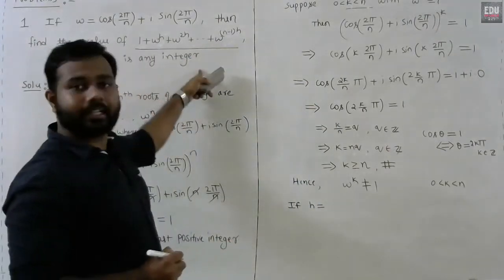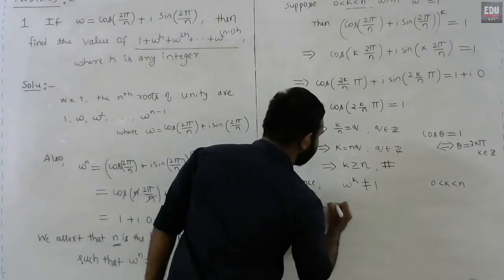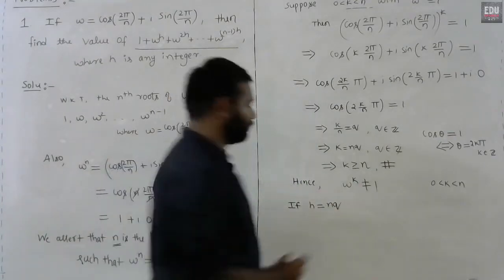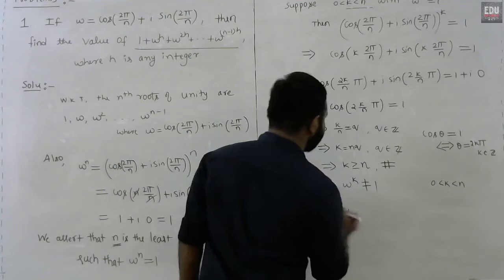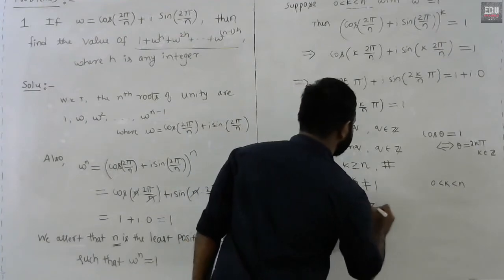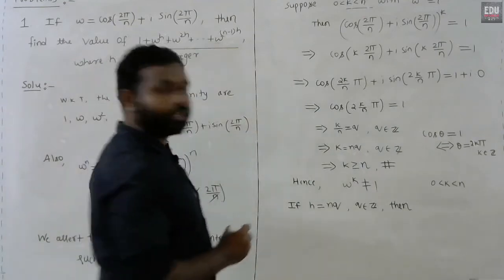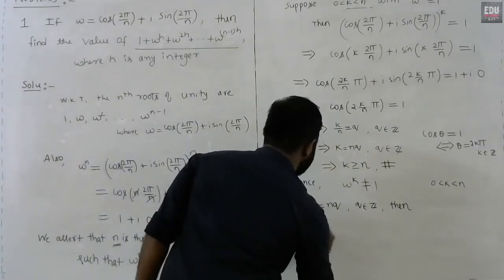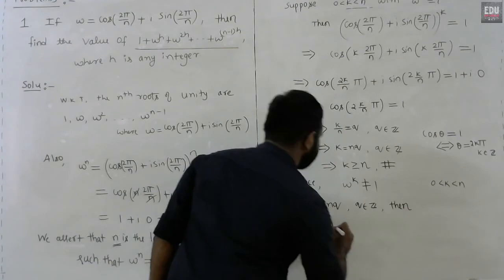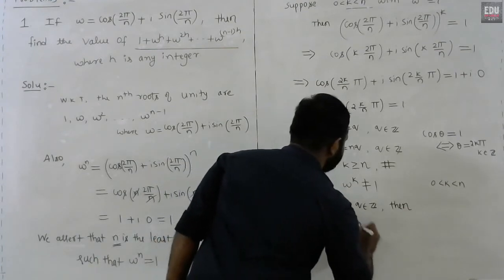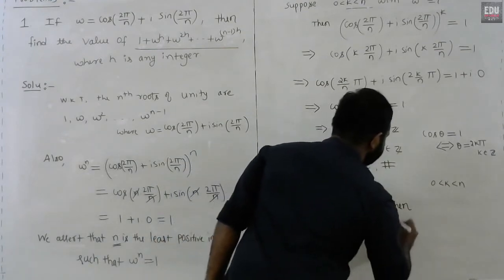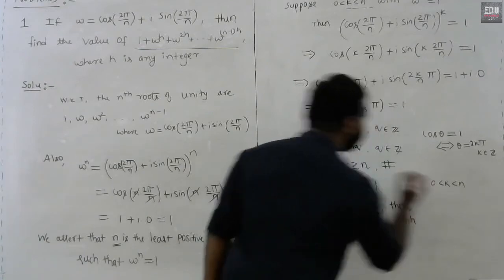as h is any integer, if h is a multiple of n, if h is n into q for some integer q, then this sum reduces to 1 plus omega power h plus omega power 2h plus so on, omega power n minus 1 into h.